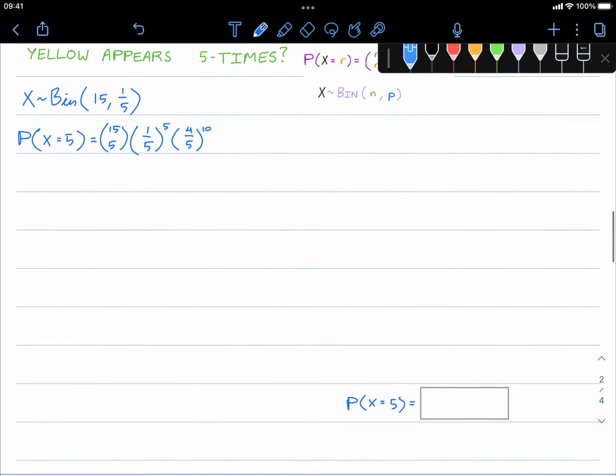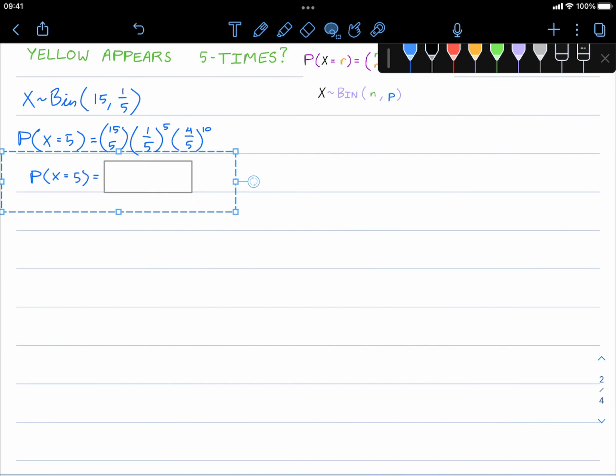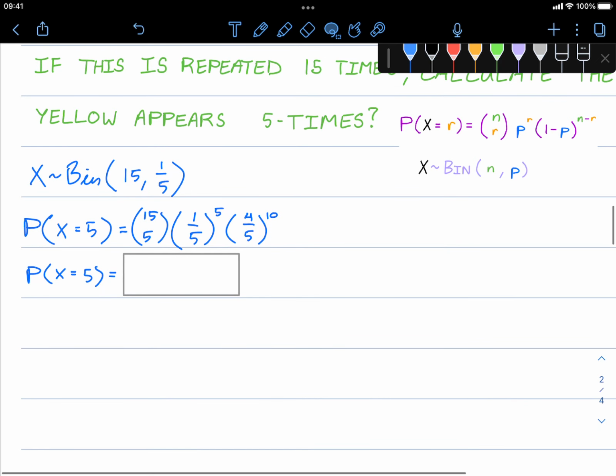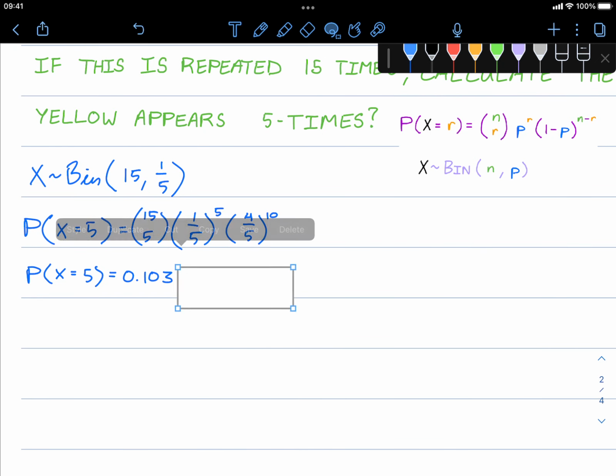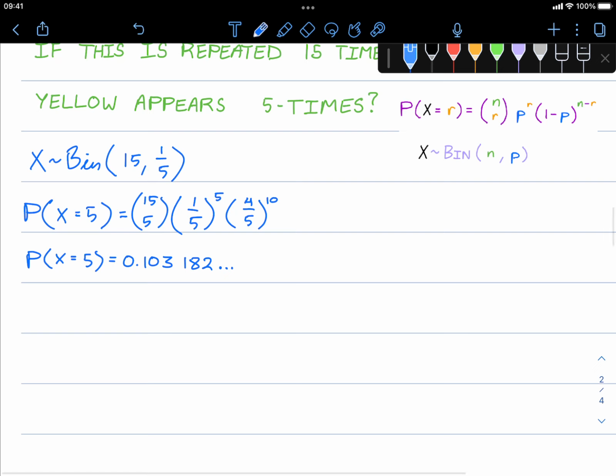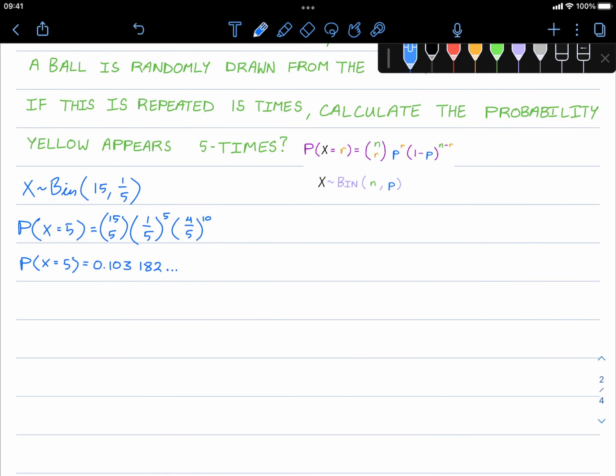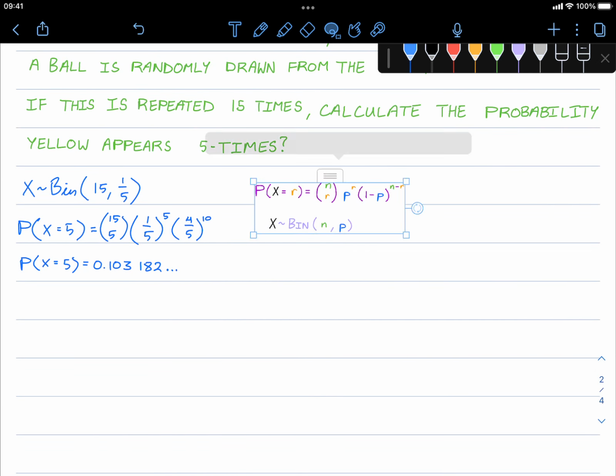Now, once again, giving you a moment to type all of that into your calculator, this time my calculator actually wouldn't show it as a fraction. So this is the approximate decimal value that I got: 0.103182. You can round that off to whatever number of decimal places that you would like.